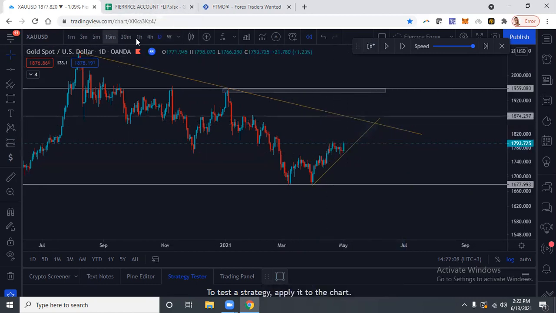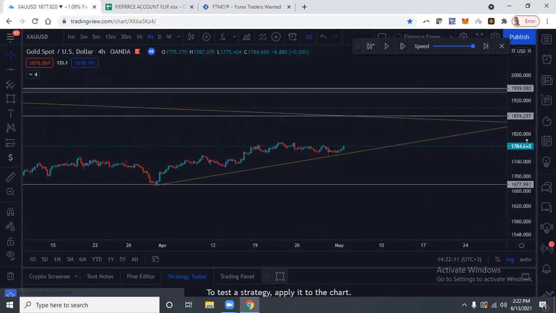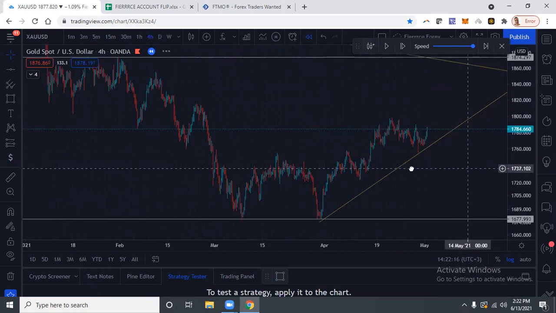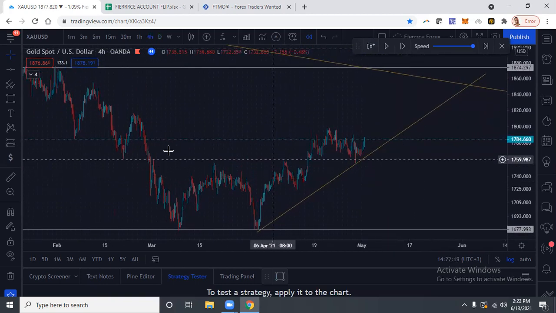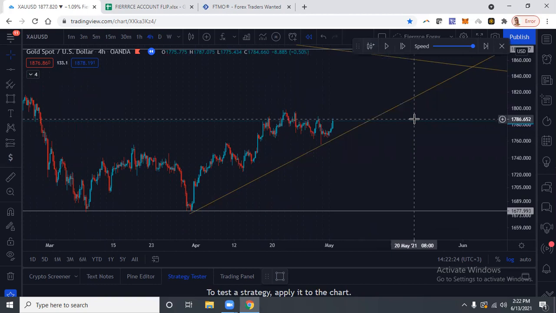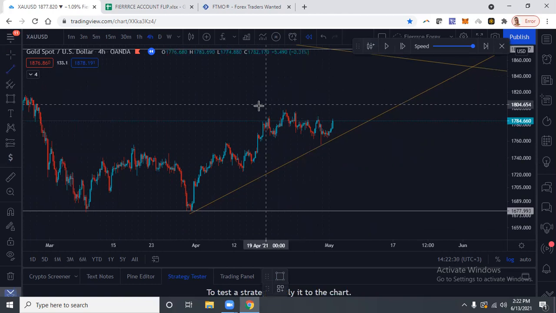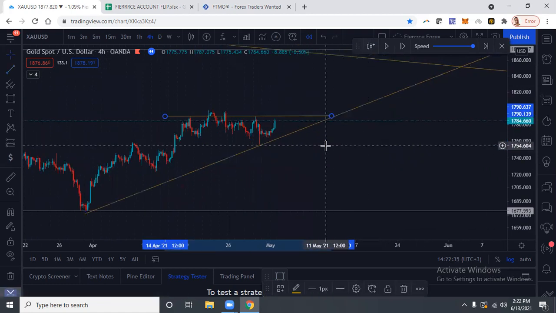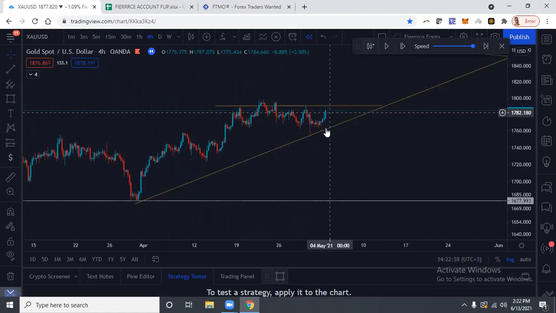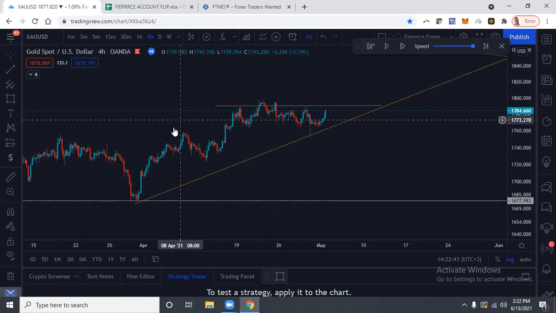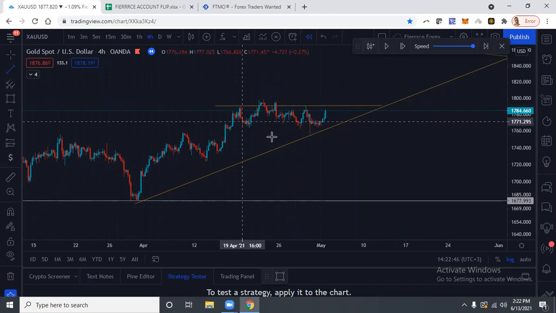Okay, so let's go to the lower time frame so I can look at this a bit better. There's a rejection here, and this is a high. I want to see what happens here before I decide whether or not I want to do anything.